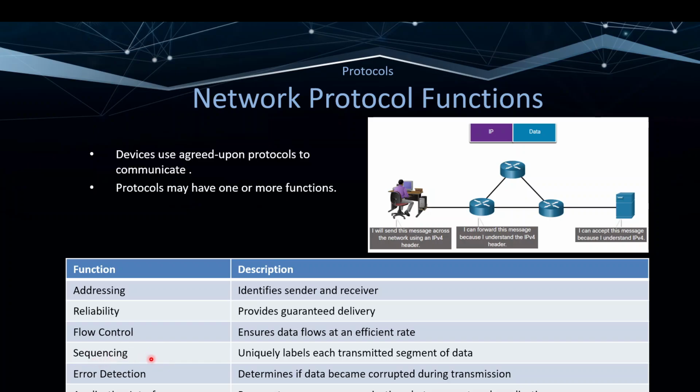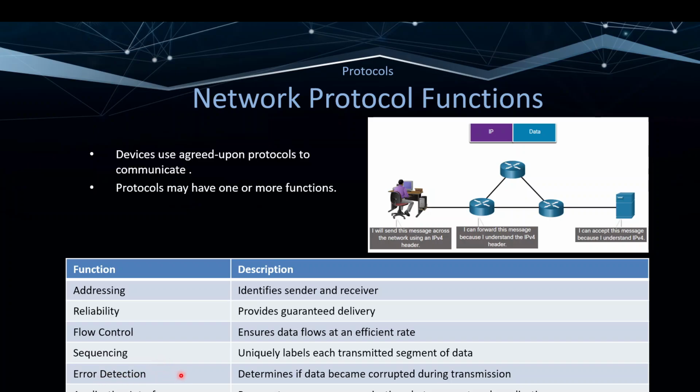Sequencing provides sequence numbers. If the packet is fragmented and sent over the wire, the other side or destination needs to reassemble the packet again, so there must be sequence numbers. Each packet is marked with a sequence number, and for the acknowledgements, the destination needs to know which packet to acknowledge. That's why we use sequence numbers if we are using TCP.